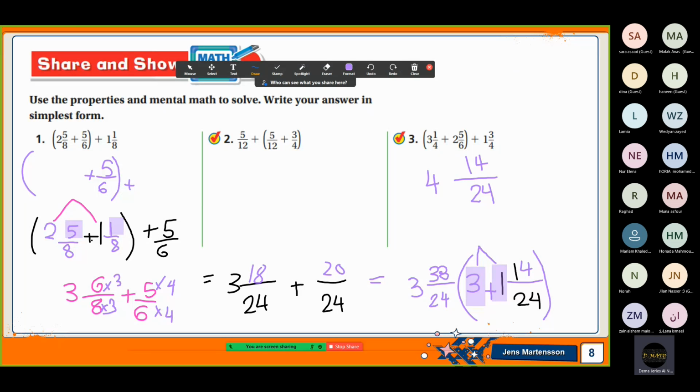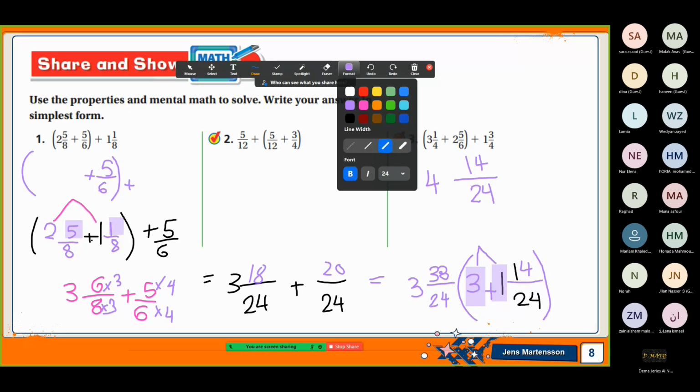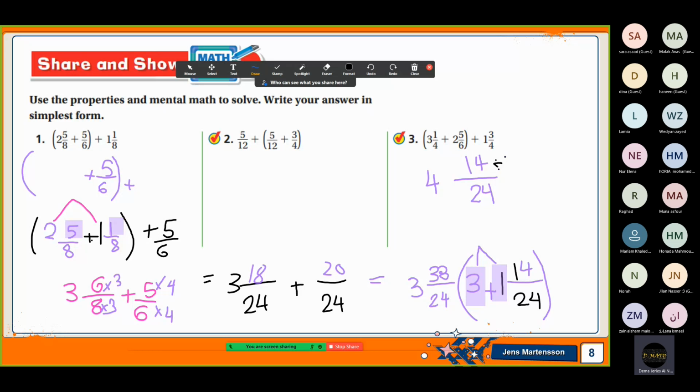Now, look at 14 and 24. Are they even numbers? Yes. If they are even, that means they can be divided by what? By 2. Good job. So 14 divided by 2 equals 7. Or 24 divided by 2.